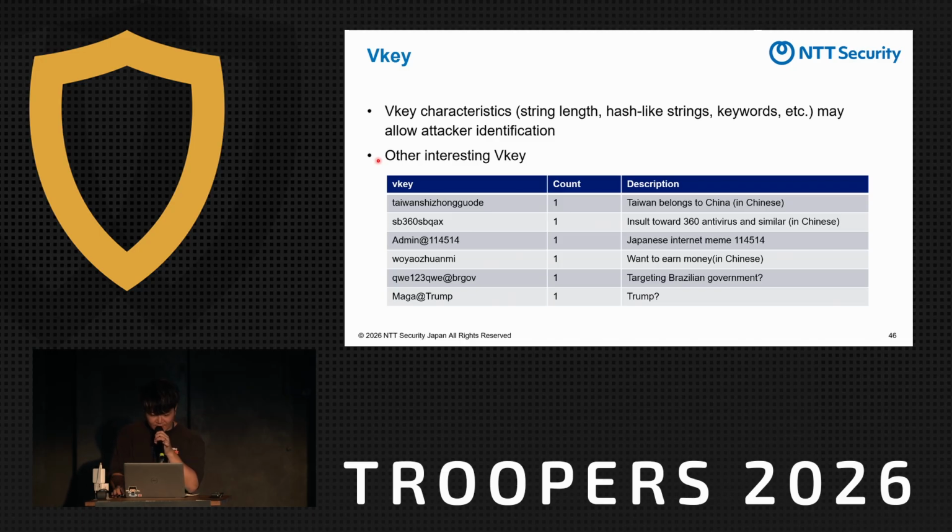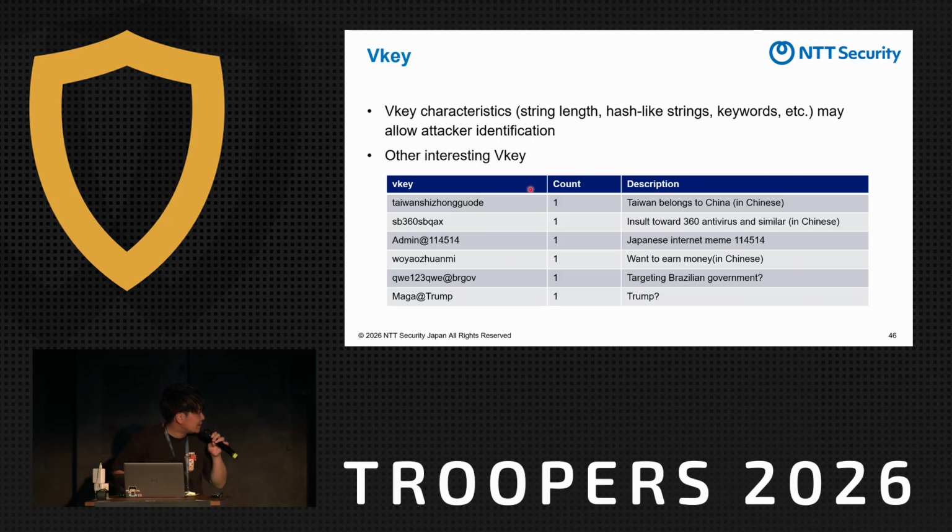There are also examples that suggest financial motivations, as well as strings that appear to reference particular targets or organizations. Overall, wikis are not only used for authentication, but can also serve as valuable indicators for profiling attackers' behavior and objectives.